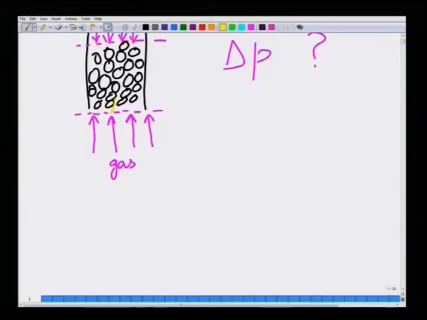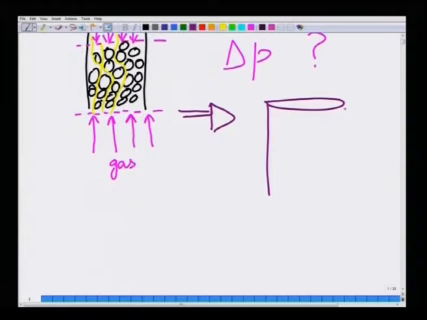So, the model is the following. If you look at flow through a packed bed, there are empty passages through which fluid is flowing. For example, I am drawing some passages like this. The model is that a bed of particles can be considered as a collection, a bundle of tubes.